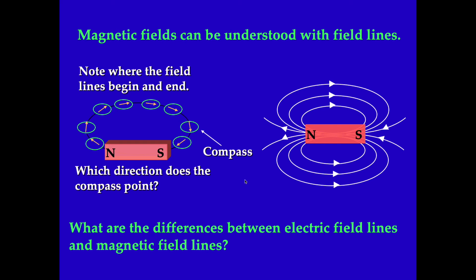So if you have a magnet and you put it near something that's iron, it's going to attract the opposite. If you put the north pole of the magnet near the iron, it's going to reorient the dipoles in the iron so that the south pole is directed towards the north pole of the magnet. You're reorienting your dipoles. It's the same idea.